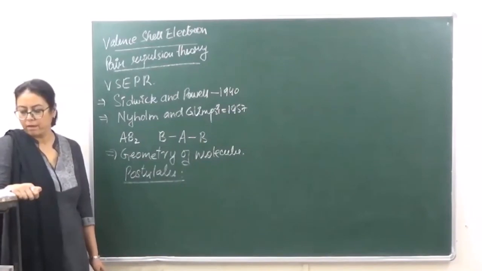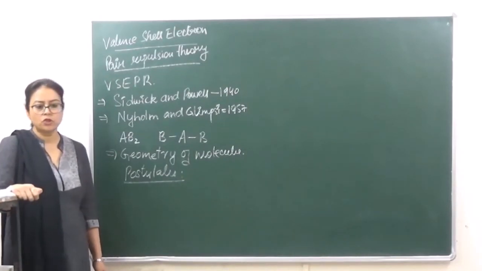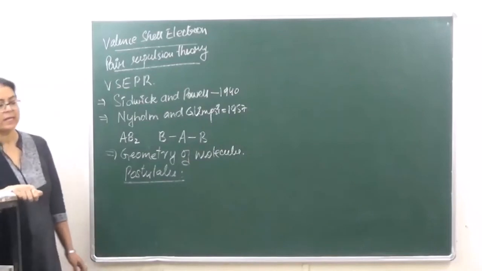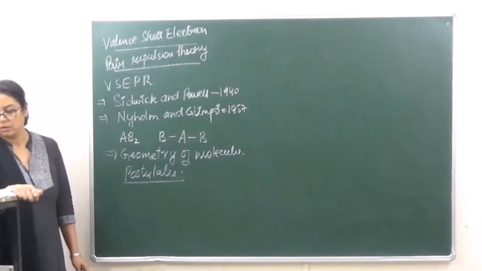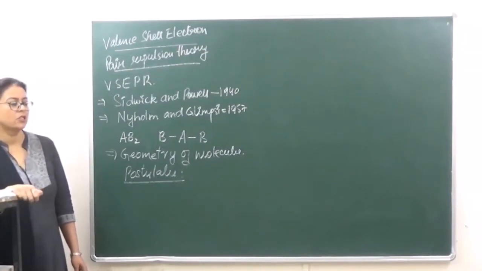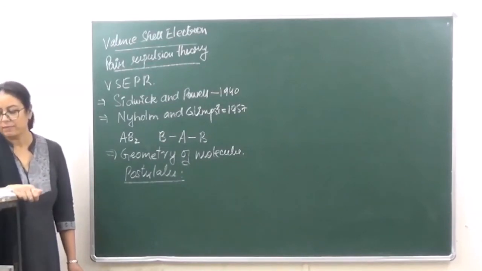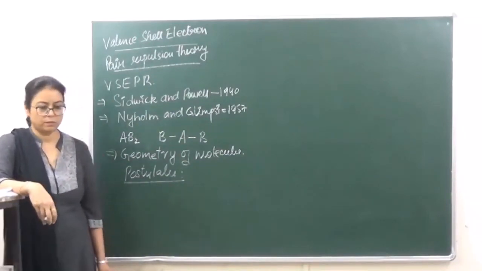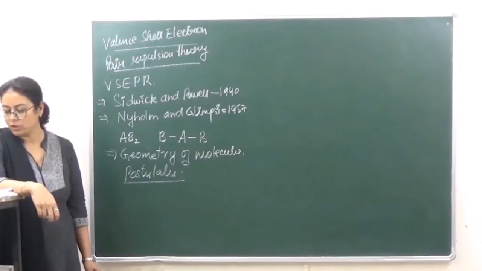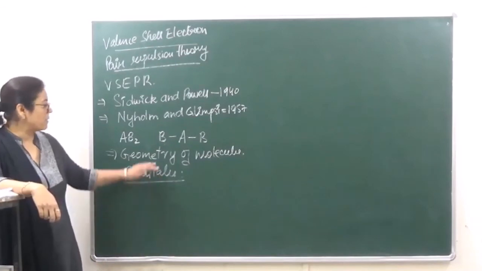Number three, the position of electron pairs in space around the central atom are such that they minimize the repulsions and maximize the distance between them. So that is what is happening over here.